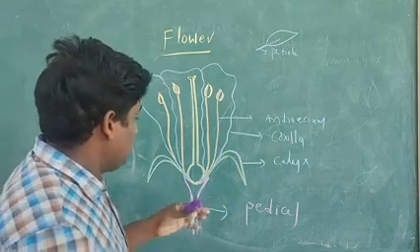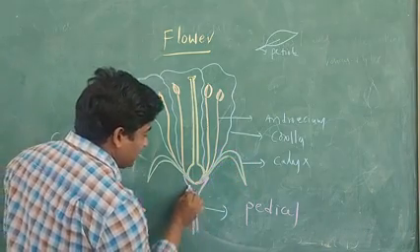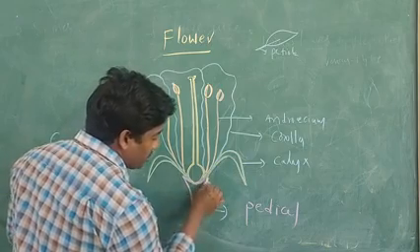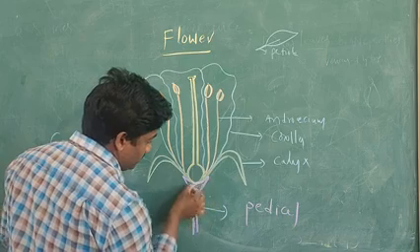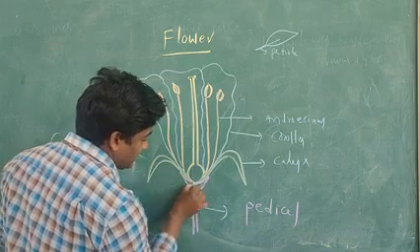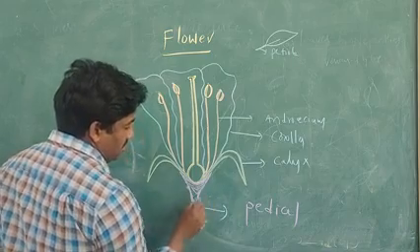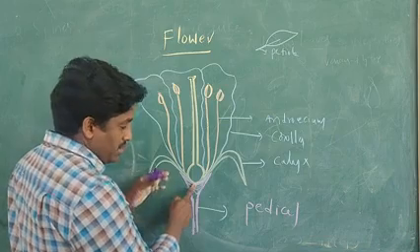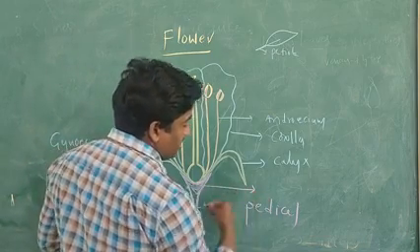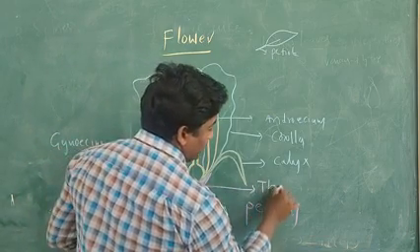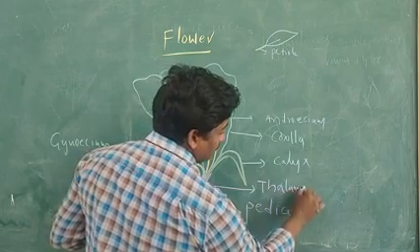Next, this pedicel at the tip has a swollen portion, this one. It is disc-shaped, like this. The pedicel at the tip, the swollen portion, is called the thalamus.